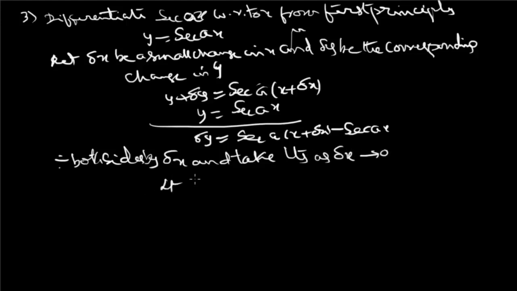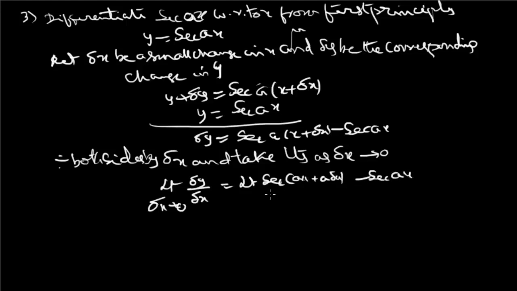So limit delta y by delta x tending to 0 is equal to limit of secant of ax plus a delta x, minus secant ax, divided by delta x, as delta x tends to 0. The left hand side is dy by dx.